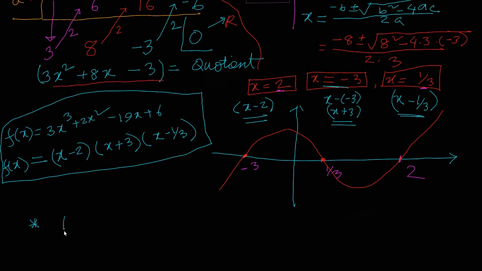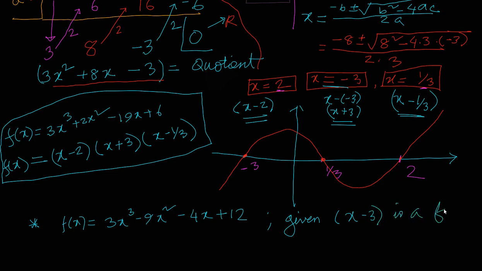So I am giving you a new function, which is 3x cube minus 9x square minus 4x plus 12. And I am giving you that x minus 3 is a factor.